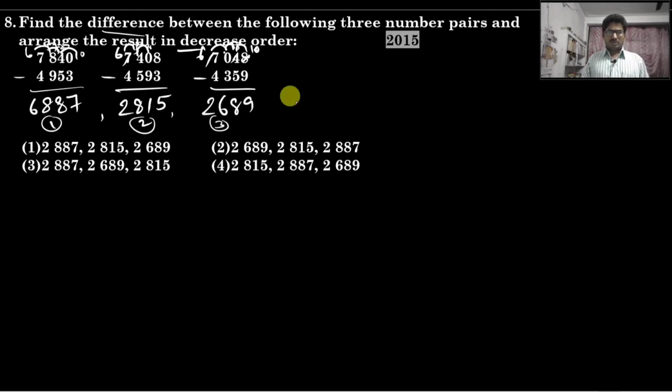So as it is, 6887, yes, 6 only, 2, 28, 26, okay. 28, first position only. 2887, 2887, 2815, 2689. So option 1 is correct.